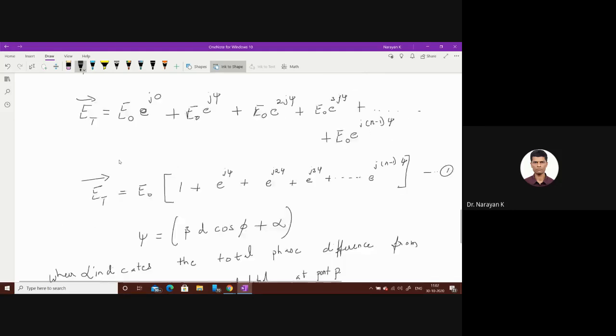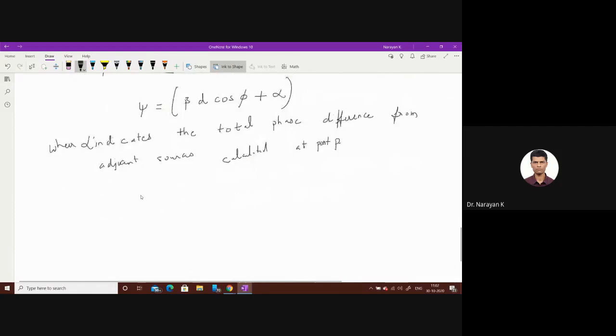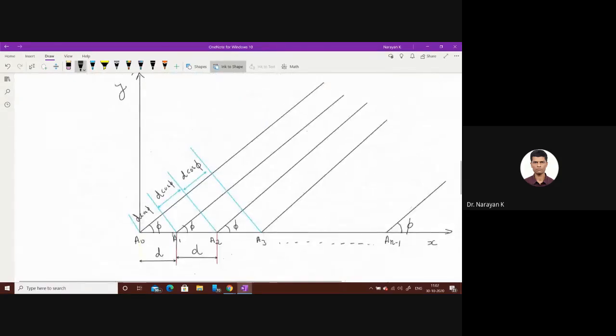Now what happens is we are considering A1 source with respect to A naught, so you will get beta d cos phi. Agreed? A1 with respect to A naught, you get your d cos phi, that is your phase shift. A2 with respect to A1 is again d cos phi. Now this A2 will have one phase shift with respect to A naught, as well as with respect to A1.